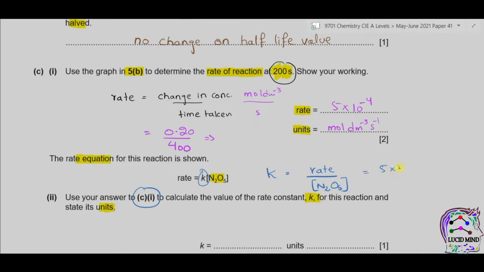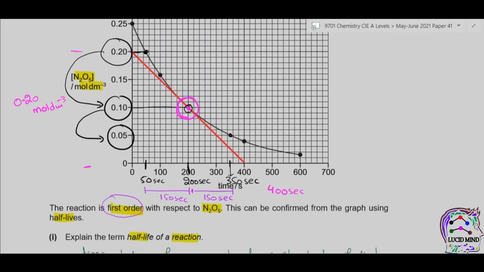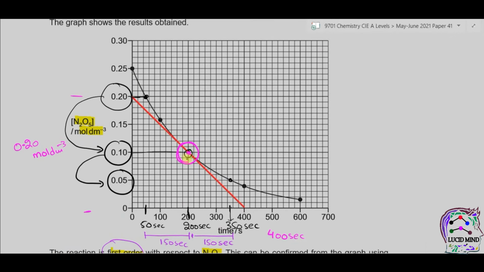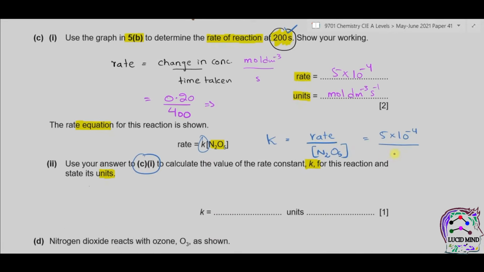So rate is equal to 5 × 10^-4. And we have to find out the concentration of N2O5 at 200 seconds. Let's look into the graph. At 200 seconds, the concentration of N2O5 was 0.10 mole per decimeter cube. So we can divide by 0.10 mole per decimeter cube, and the value will come equal to 5 × 10^-3.